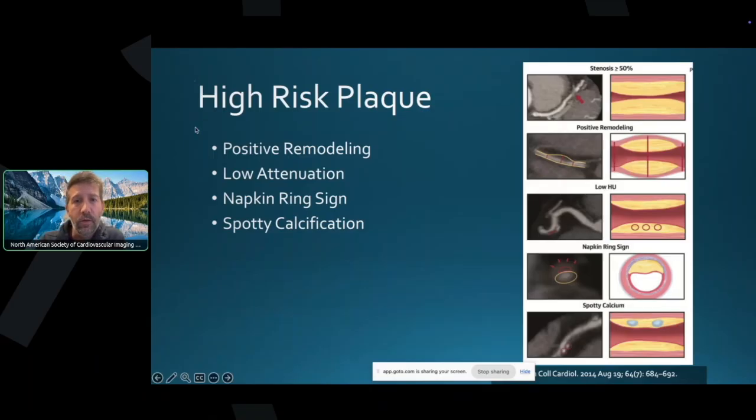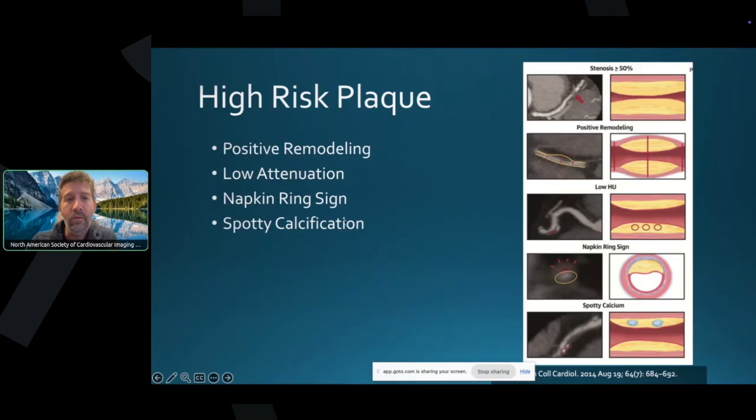So we talk about positive remodeling, where the vessel diameter gets wider in the region of the plaque, oftentimes maintaining the size of the lumen. Low attenuation: if we measure the attenuation values at the center of the plaque, less than 30 Hounsfield units would be considered low attenuation.